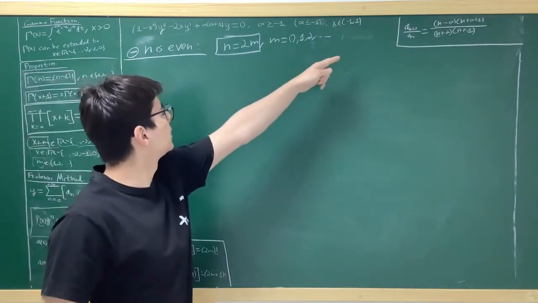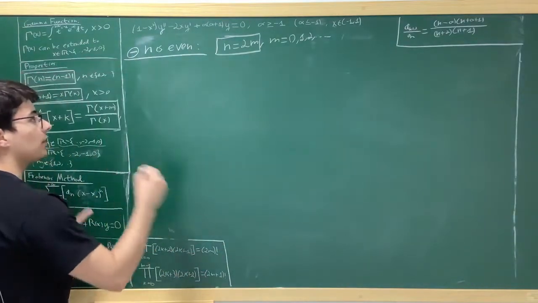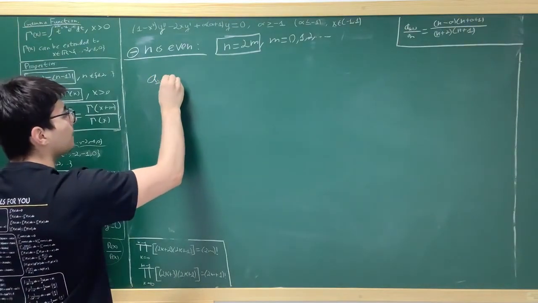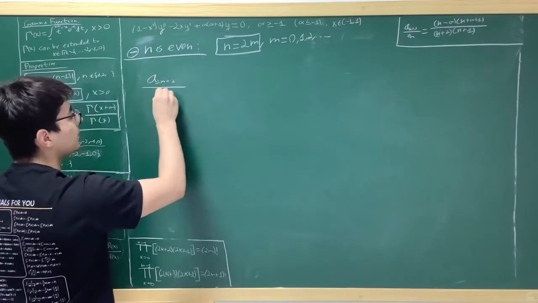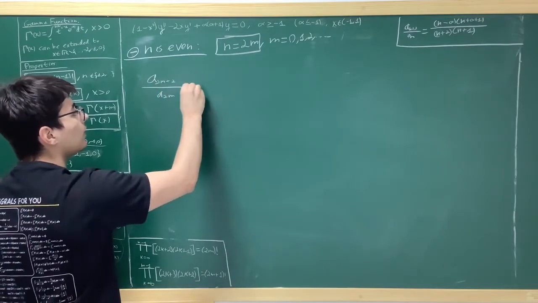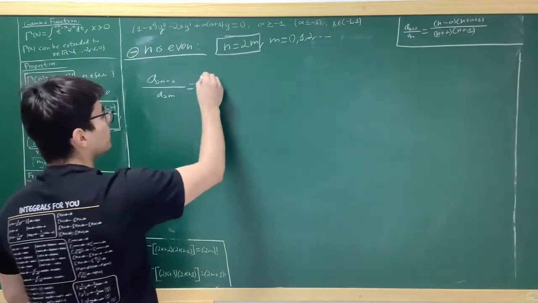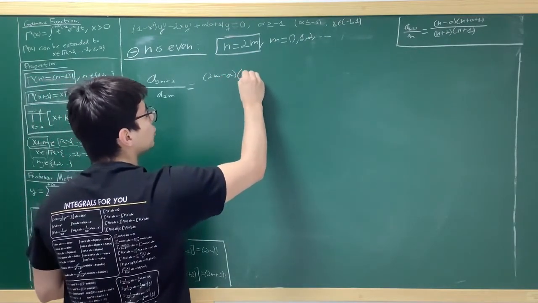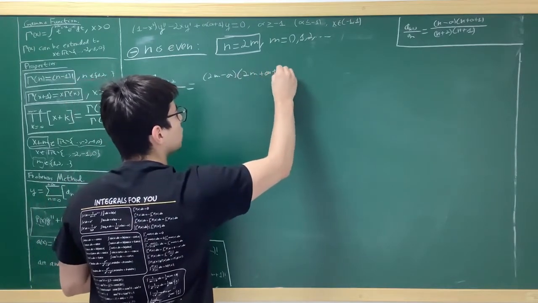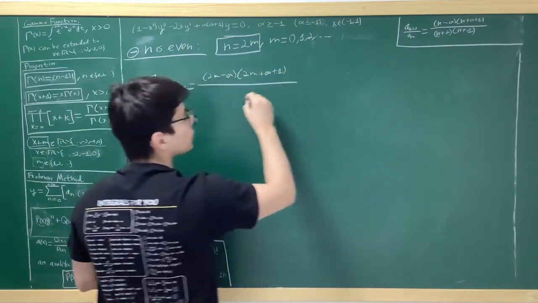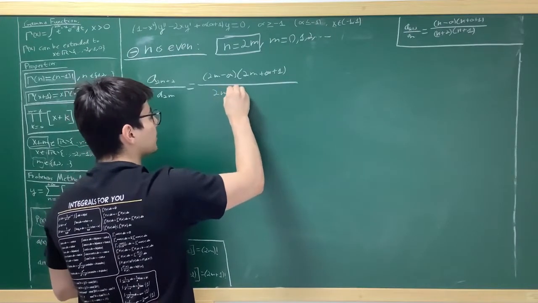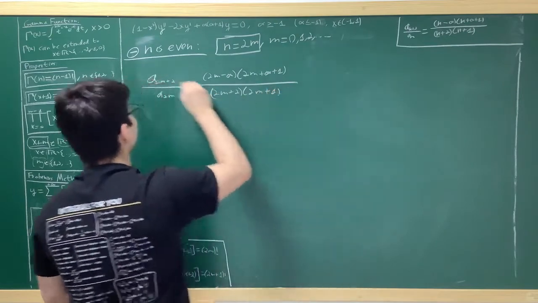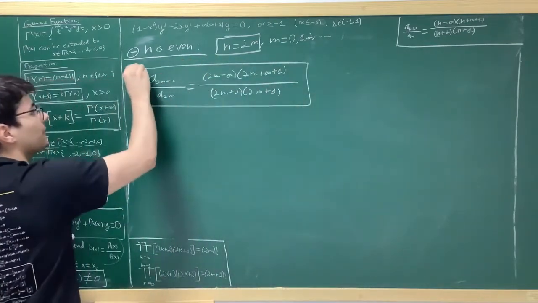Well, in this case, we can rewrite this recurrence relation as a of 2m plus 2 over a of 2m equals to 2m minus alpha and 2m plus alpha plus 1 over 2m plus 2, 2m plus 1. This is what we have to solve.